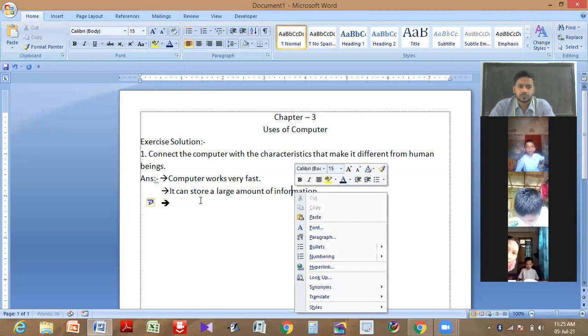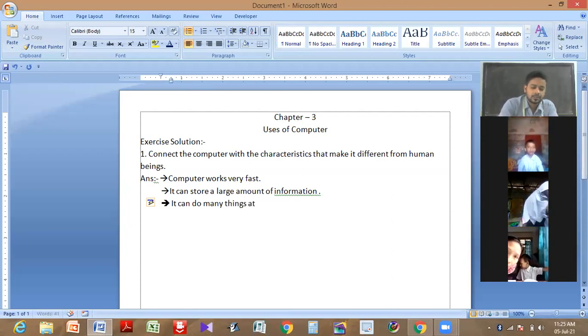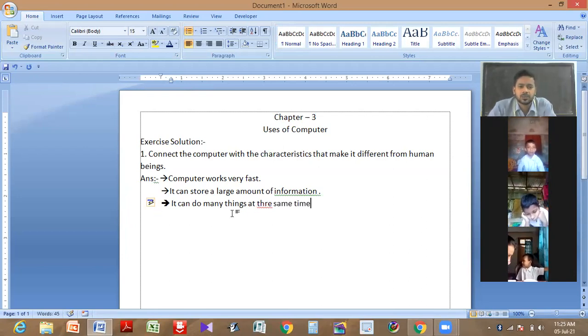So we are going to write the next characteristic also: it can do many things at the same time.